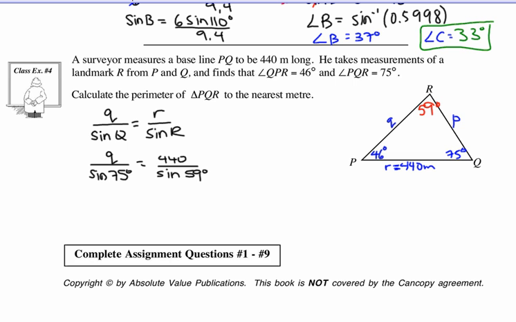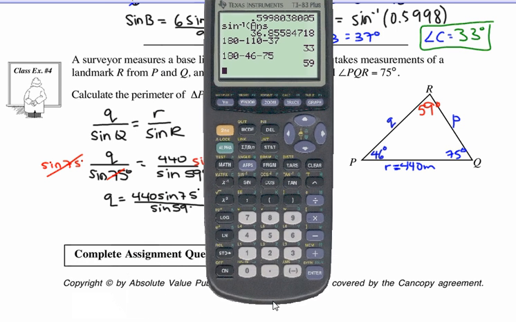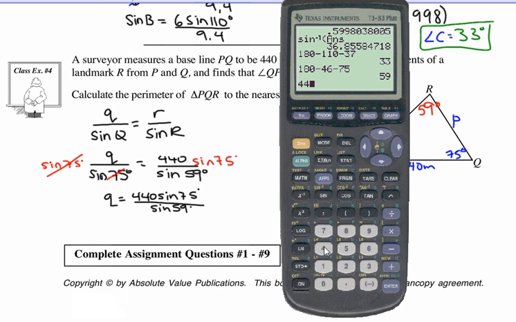Okay, so we're looking for little q. It's being divided by sine 75, so let's multiply both sides by sine 75. And so little q is going to equal 440 times sine 75 all over sine 59. On your calculators, 440 sine 75 over sine 59.